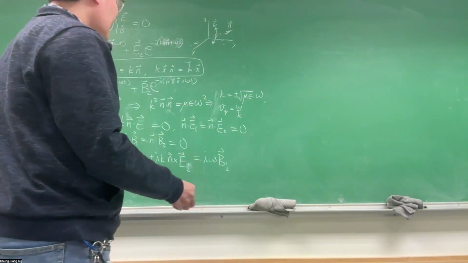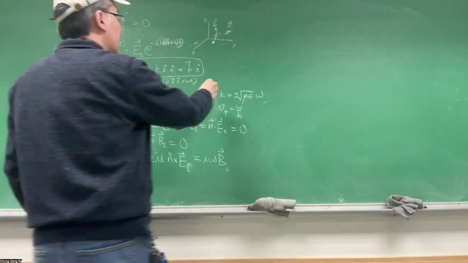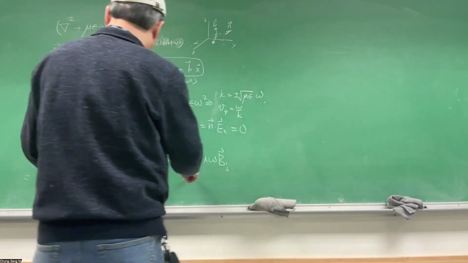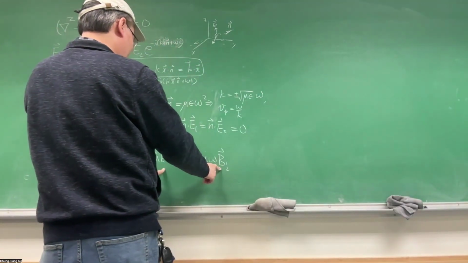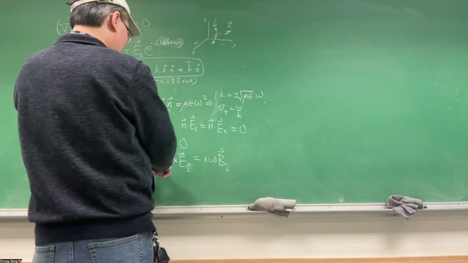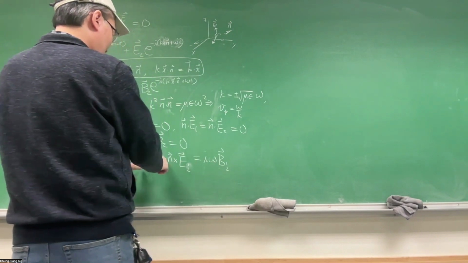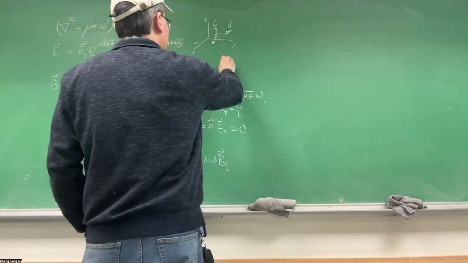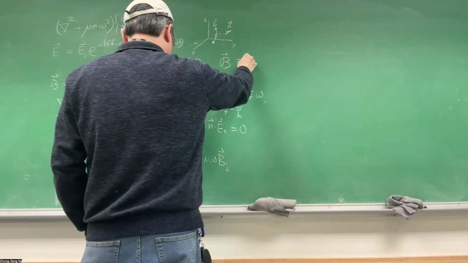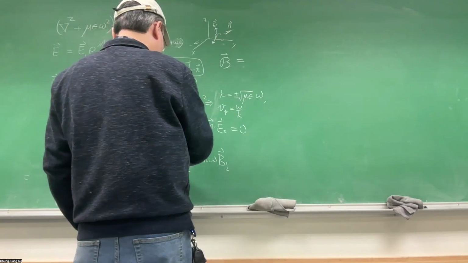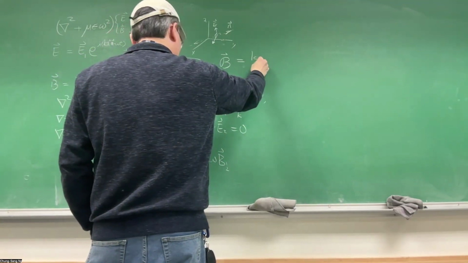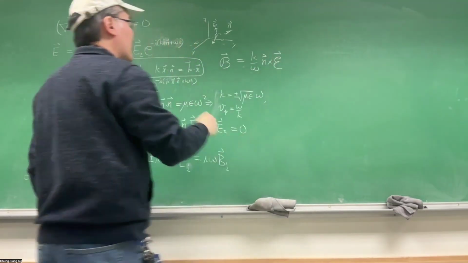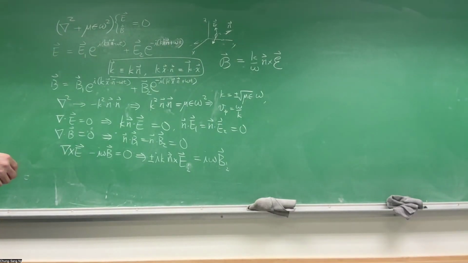Jackson basically uses this script B to represent the magnitude. Script B is given by, so we cancel the i. If we absorb the plus and minus sign, in the case of whatever the k or the n direction, the script B is related to k over omega, and then n cross the magnitude of electric field.